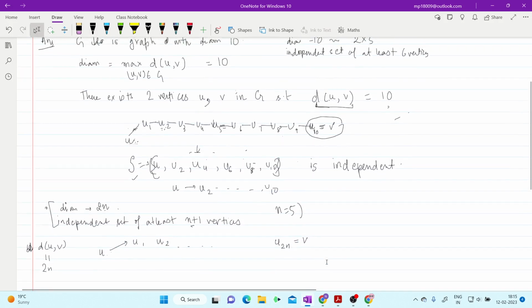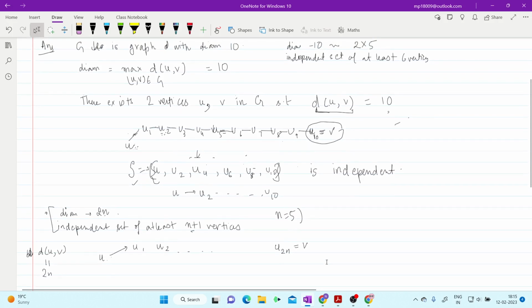Is this fine? It's clear. Okay. So here also we have to give n plus 1 vertices. We can take our independent set to be u2 till u2n. So you are getting an independent set of n plus 1 vertices.